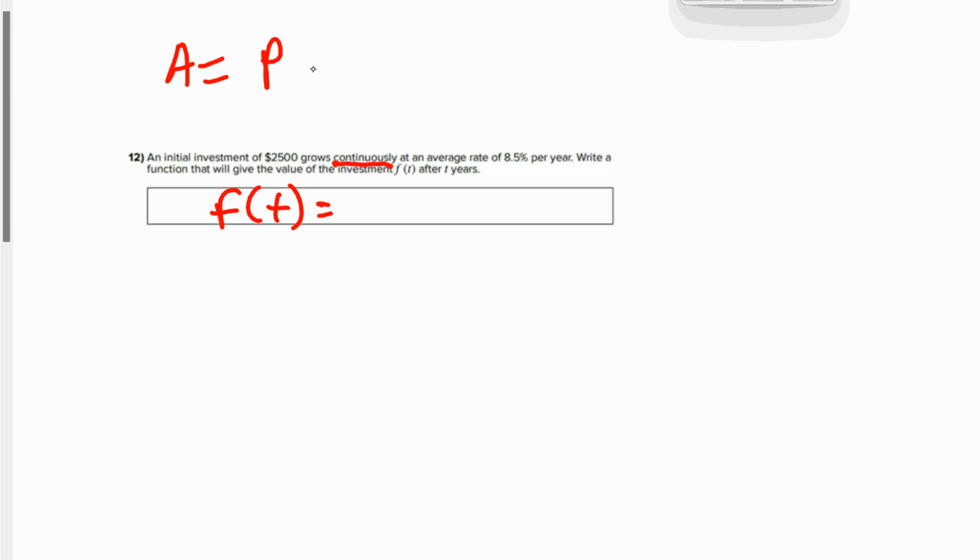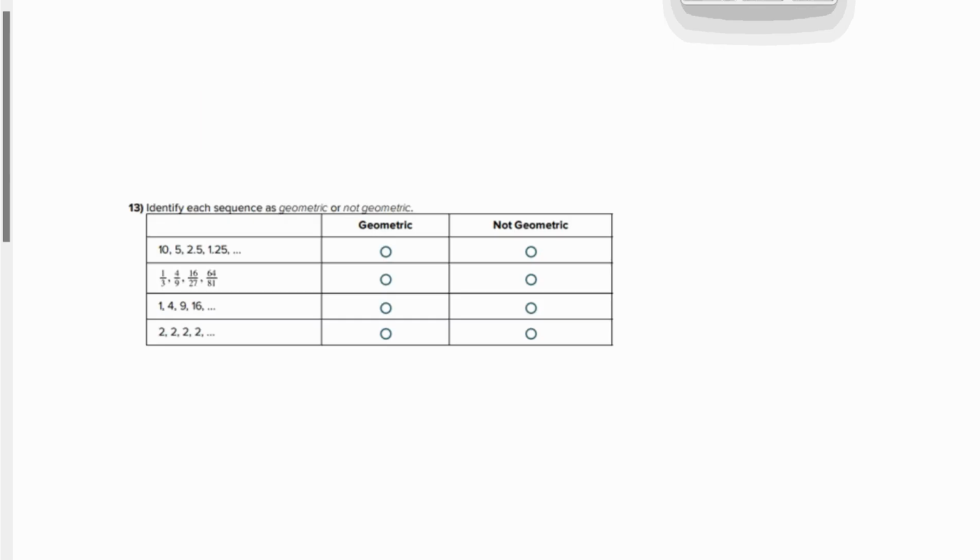That'd be principal times e, that e button in your calculator, second ln, raised to an exponent of r times t, your rate times your time in years. Well, our principal is $2,500 we're investing, and then e raised to our rate, but that is a percentage. We want to change that to a decimal, so 0.085, and then times t, which we don't have, is just t. Right, and there, that one is done.